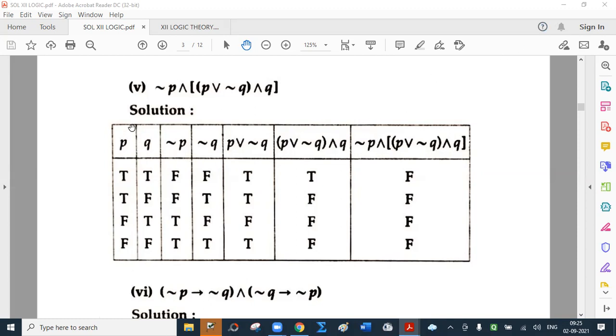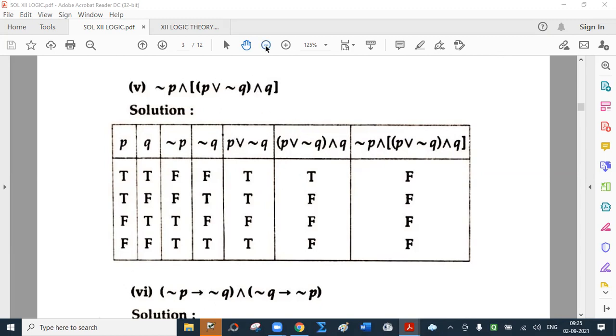Now you may give numbers 1, 2, 3, 4, 5, and then you may say 4 and Q, and so on. So that can also be done. See, all the entries in the last column are F. Afterwards, we are going to call this as contradiction or fallacy. This is for sum number 5.